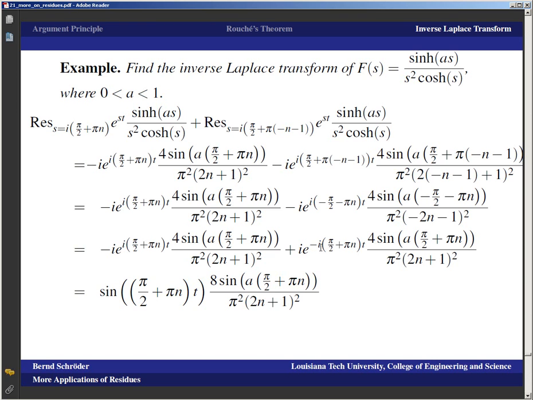So this is actually cosine minus i sine, and then another subtraction here gives us ultimately that we just get twice the sine of the argument in here, and the 2 is absorbed into the 8, and everything else stays the same.